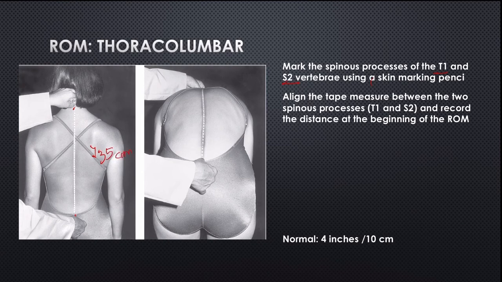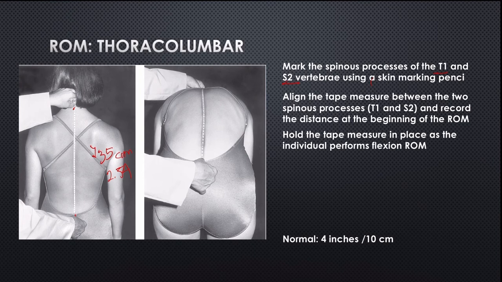Simply divide it by 2.54. Sorry, if you want to know inches. Okay, so if you have already aligned the tape measure from the tip of the spinous processes, you can now measure, and then hold the tape measure in place. Then for flexion, this is actually flexion.